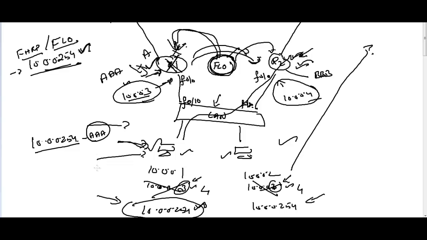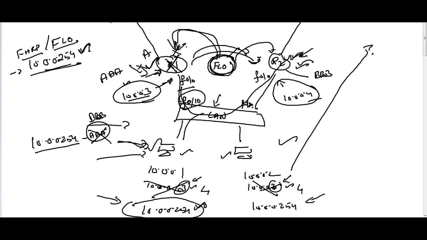You have R1's MAC address. If you send to that MAC address, the switch is going to forward it via 0/10 to router 1, which is not really active. So there is a layer 2 issue, a MAC address issue. Even this MAC address needs to be changed from AAA to BBB.